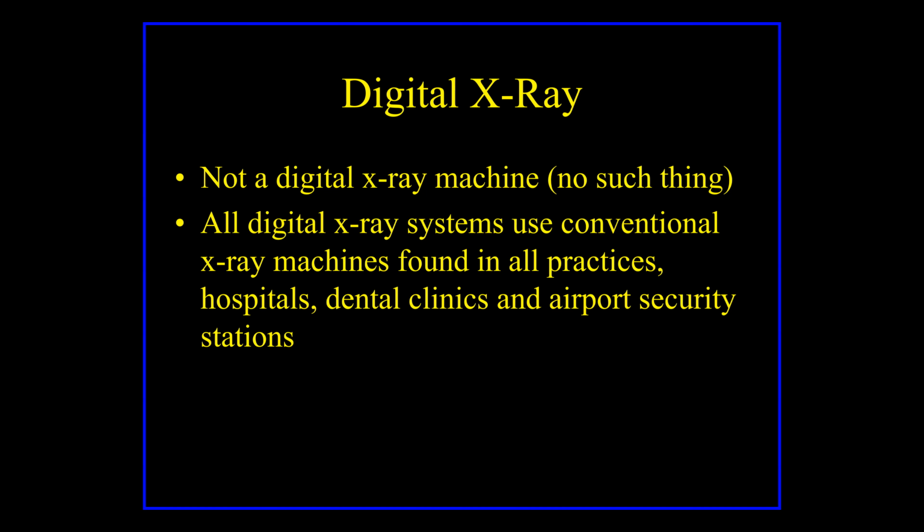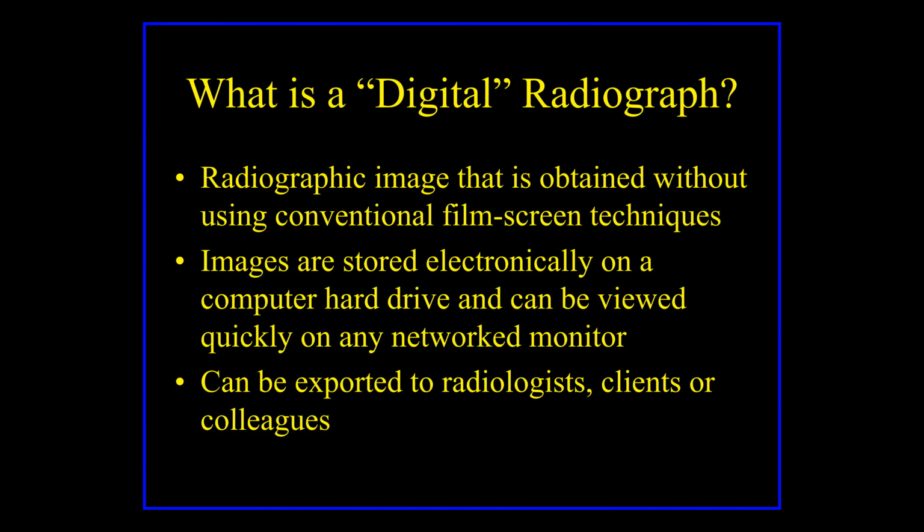The X-rays are produced by an X-ray tube, just like we talked about in every X-ray machine. It's not like we have digital numbers flying out of the X-ray tube. It's still analog X-rays that come out of the X-ray tube. So there really is no such thing as a digital X-ray machine. But there are digital X-ray systems that we'll talk about.